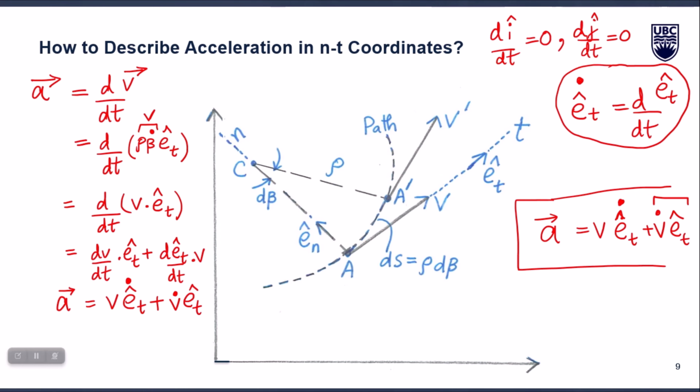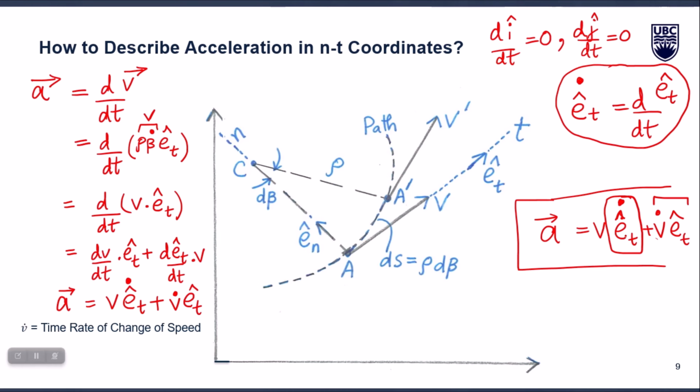If you look at the second part, you have v dot, which is the time rate of change of speed. But the first part contains the first derivative of E sub t with respect to time. So in order to describe acceleration as a sum of some t direction component and n direction component, we need to evaluate this quantity and put it back here, because we already have its t direction component but no n direction component.